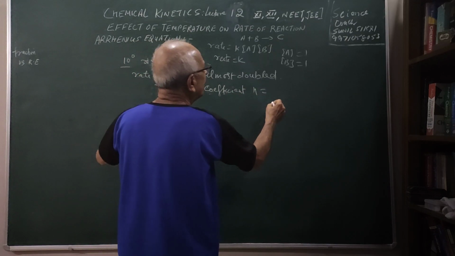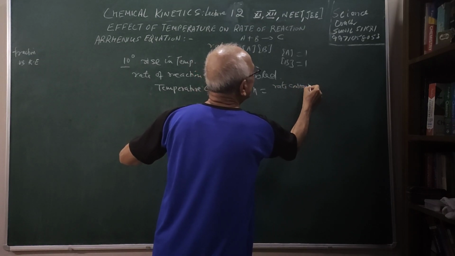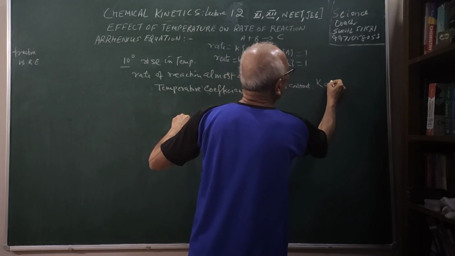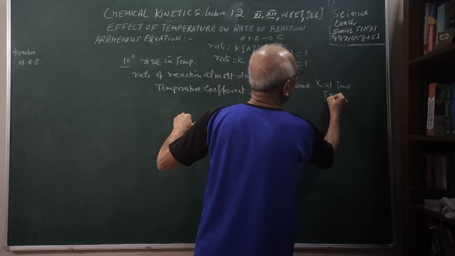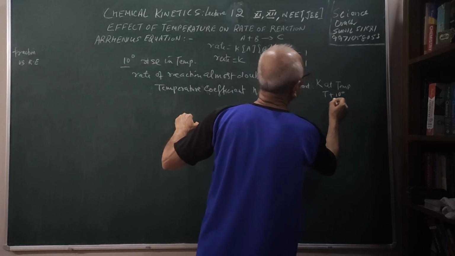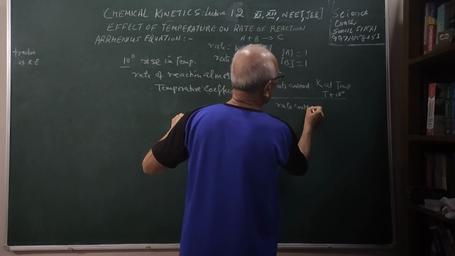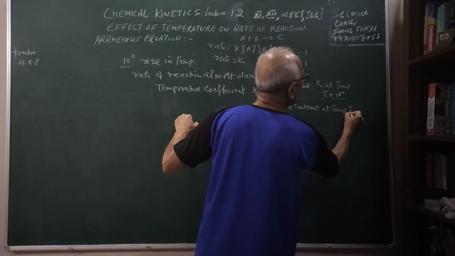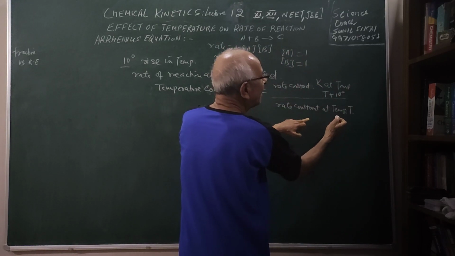That means the rate constant K at temperature T plus 10 degree divided by the rate constant at temperature T. That means the numerator is at 10 degree higher than the denominator.